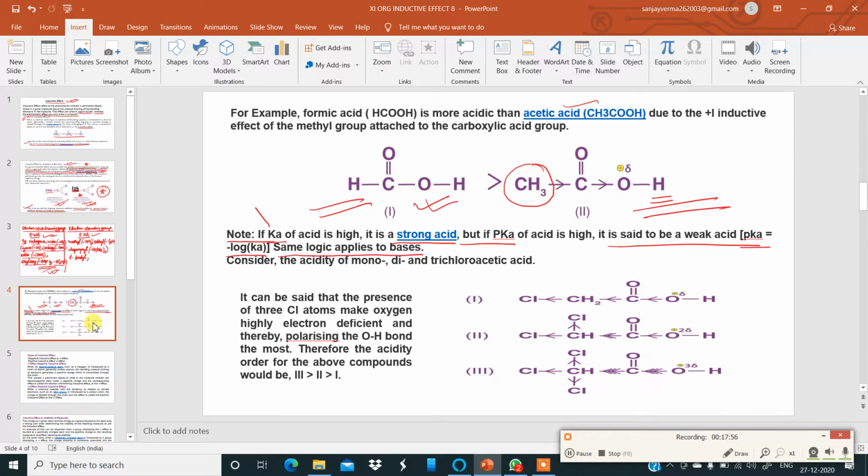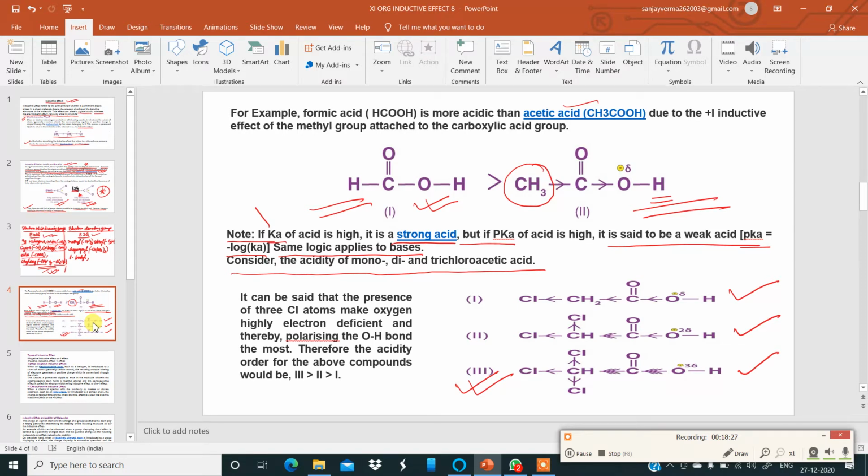Now, consider the acidity of mono, di and trichloroacetic acid over here. This one is monochloroacetic acid. This is dichloroacetic acid. This is trichloroacetic acid. The pulling of electrons, you can see, is highest over here in number 3, trichloroacetic acid, which makes its acidity highest because it has three electron withdrawing groups.